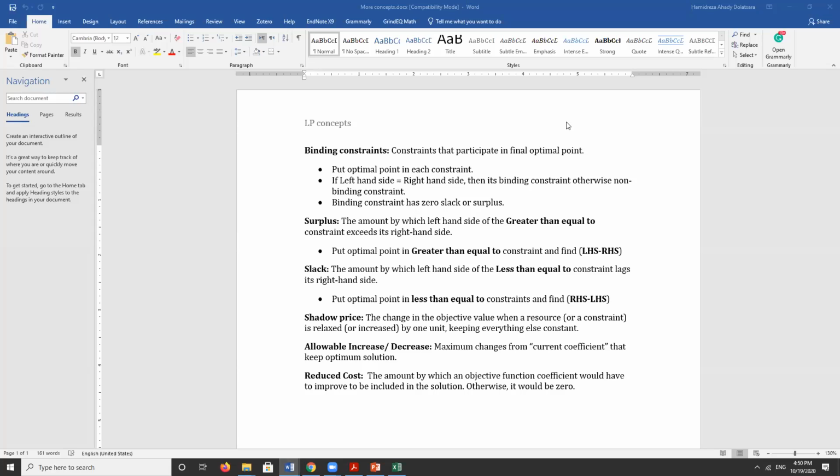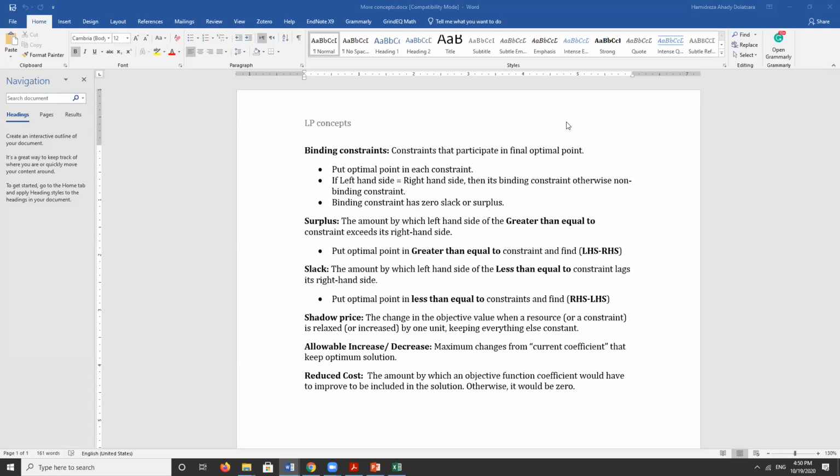So we call it a binding constraint. More interestingly, though it could be out of scope for this class, for a binding constraint, left-hand side and right-hand side are equal. There's a mathematical reason for that.